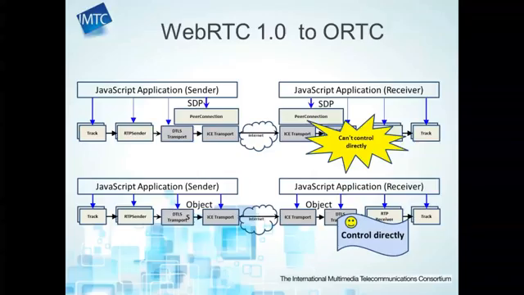So what's the difference between the WebRTC 1.0 object model and ORTC? So the objects are themselves the same. If you go into the WebRTC spec, section 5, which we're working on now, you'll see that 80% of all the objects in ORTC are now in WebRTC. Many of the attributes, the methods, they're all the same methods. So what's the difference now? Well, the difference is that in WebRTC 1.0, most of the attributes are read-only.